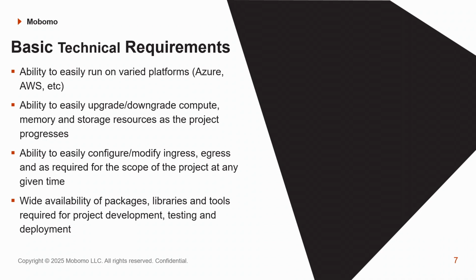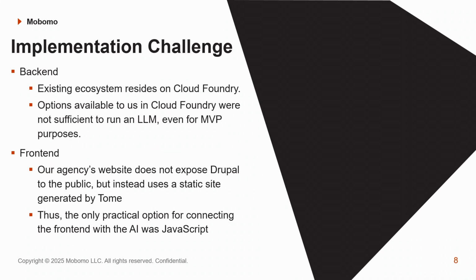So for our proof of concept, we're using Ollama as the LLM server, ChromaDB as the vector database, and this is running on Linux on an AWS platform.